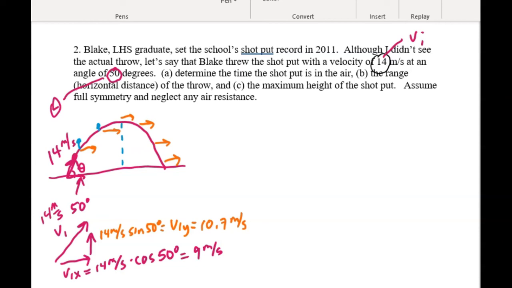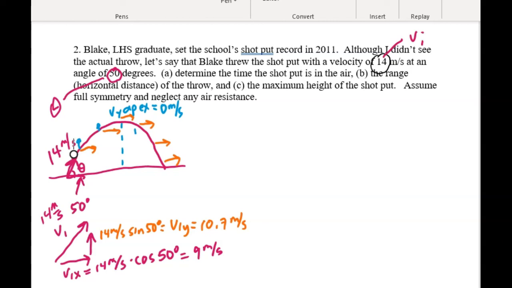So at that point, our Vy at the apex is going to be 0 meters per second. So it's going to start at 10.7 meters per second, get smaller and smaller, and finally at that apex, it's not moving vertically at that instant.